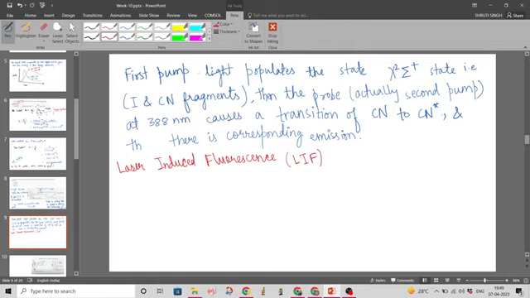So there was no transient absorption at that time. So they did it with laser induced fluorescence.